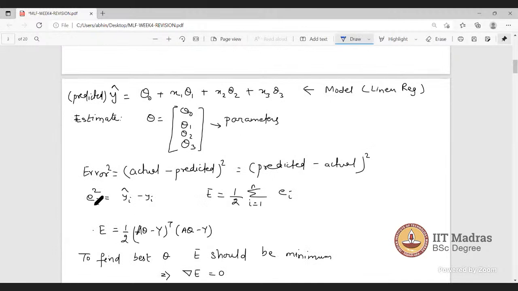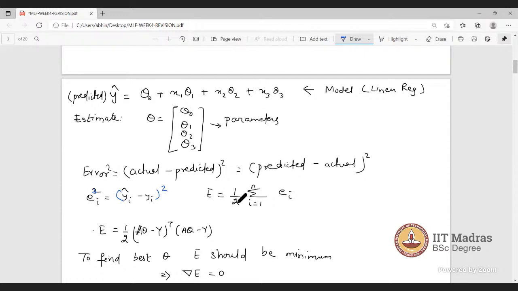So simply, for any ith example, suppose the prediction is y hat i and the actual value is yi, then ei is equal to y hat i minus yi, and its square is simply the predicted minus actual, squared.